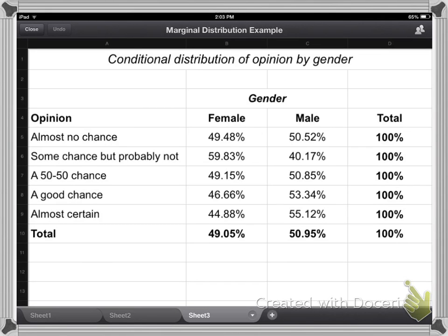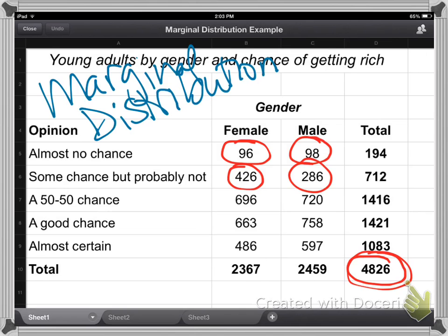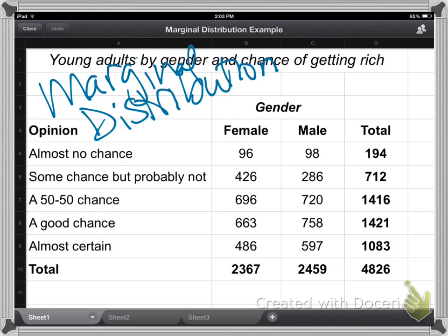Again, notice the percentages in the body of our table are completely different than they were on the last slide, and that's intentional. Now we are looking across the rows instead of down the columns. So let's see where this 49.48% came from. Just like we did before, we go back to our original table and we look at this value of 96.